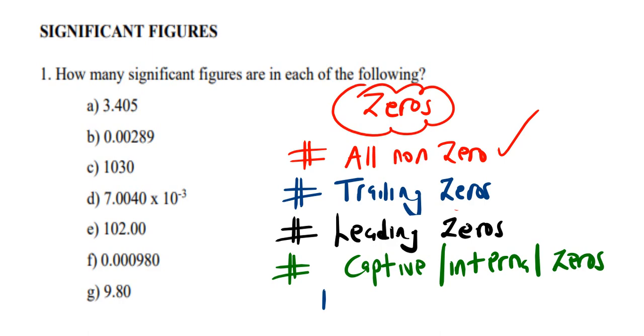If I've got 10101, this will have 5 significant figures. Why? Because all these zeros, even in between, they are significant. So that is very important for us to understand. Another example that I can write, if I've got 203, this will have 3 significant figures. So this is very, very important for us to understand.